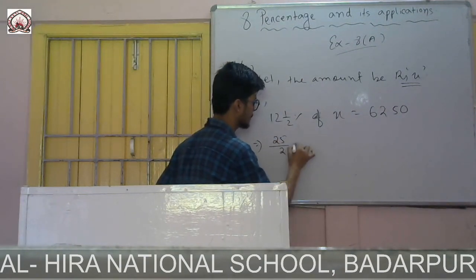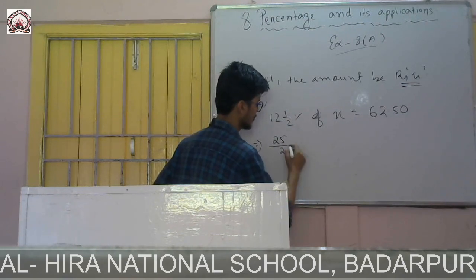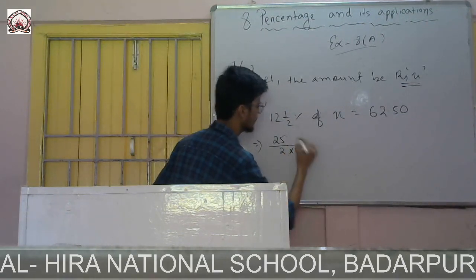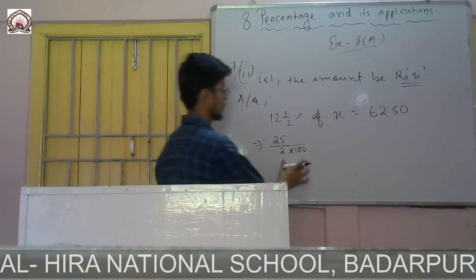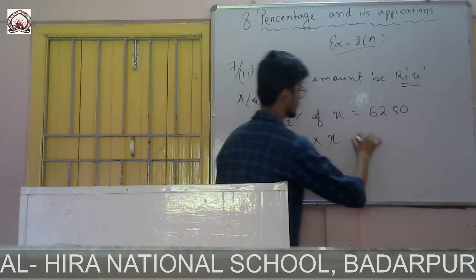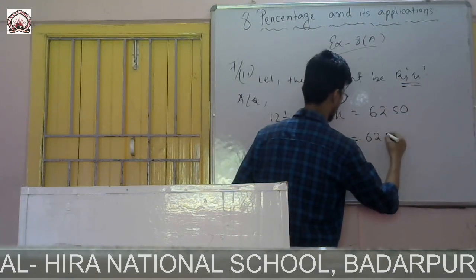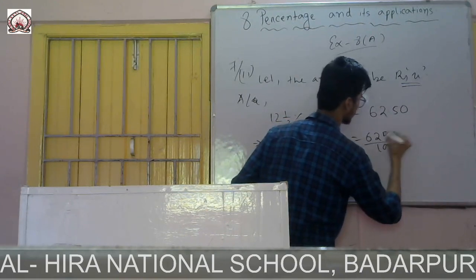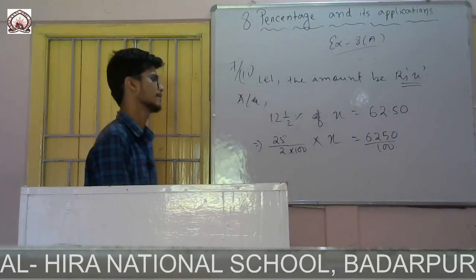Let me remove the percentage sign also. If I remove the percentage sign, I simply have to divide the number by 100. So in place of the percentage sign I will write divided by 100, and it will be 25 by 2 into X equals 62.50 by 100. You remove the decimal and write 6250 by 100.